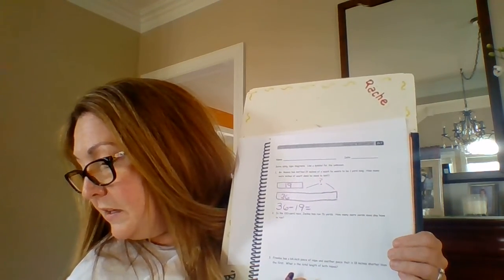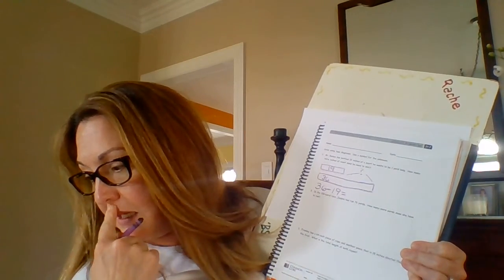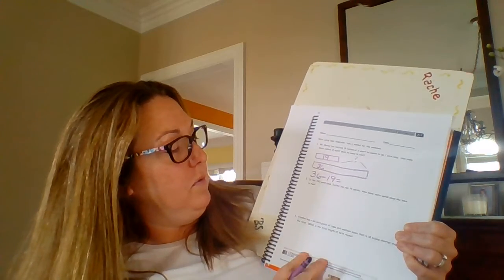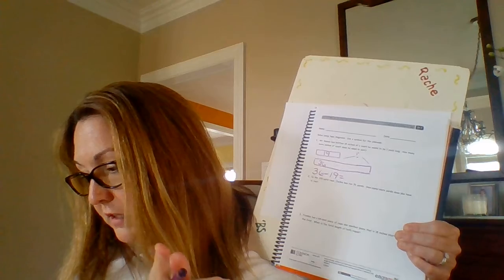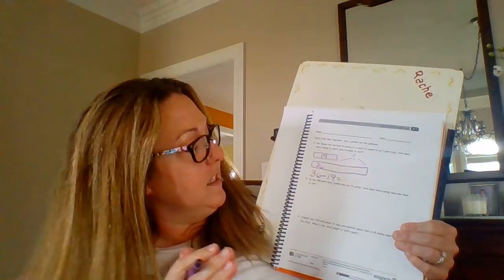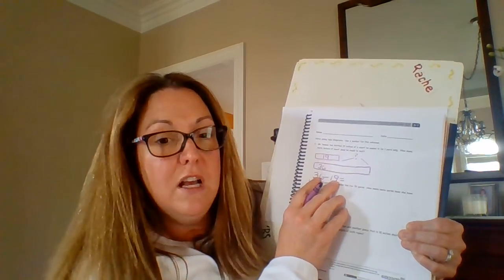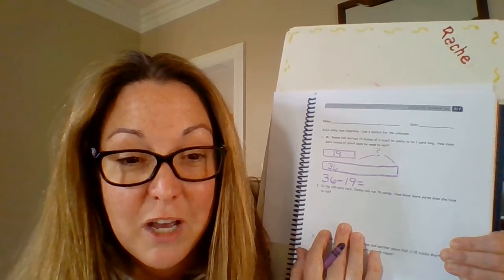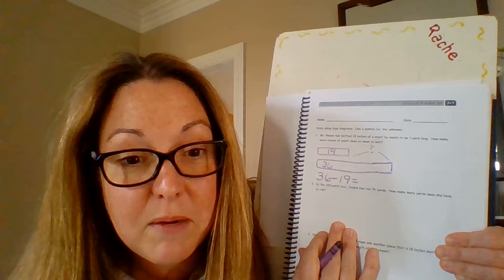Okay, now let's think about this. 36 minus 19. Now some people would say, wait a minute, I know what we can do. Let's adjust it so that instead of it being 36 minus 19, let's turn this into a new problem using compensation that'll be so much easier to subtract, but it'll still have the same difference.